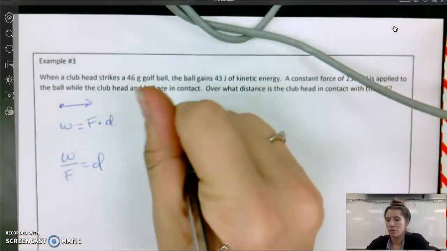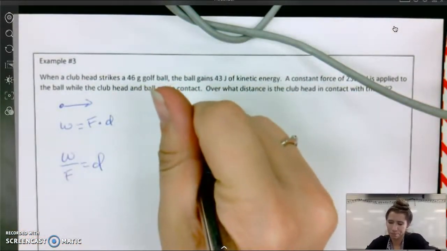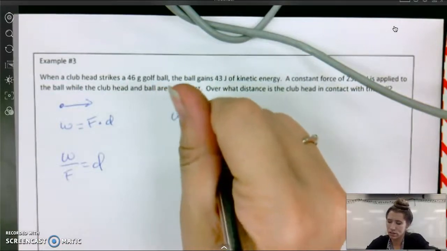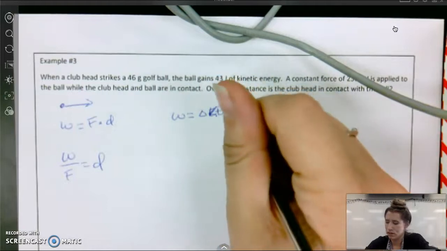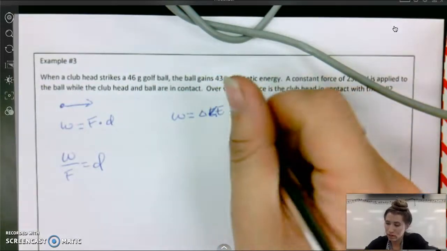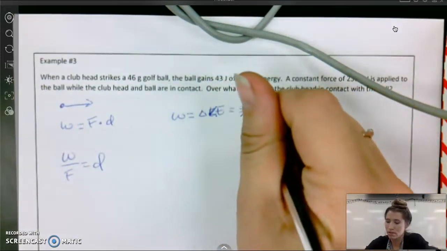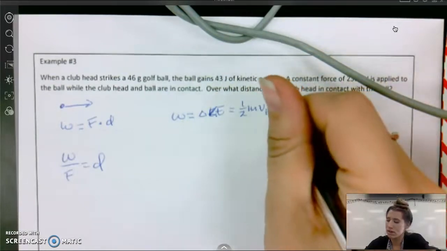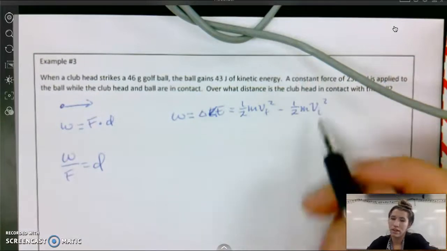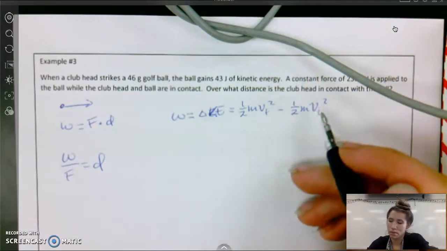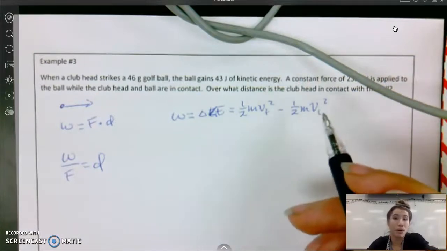We also know that work is a change in energy, which in this case is a change in kinetic energy. So that would be kinetic energy final, which is 1/2 mass velocity final squared, minus initial. Initially, though, the golf ball was stationary.